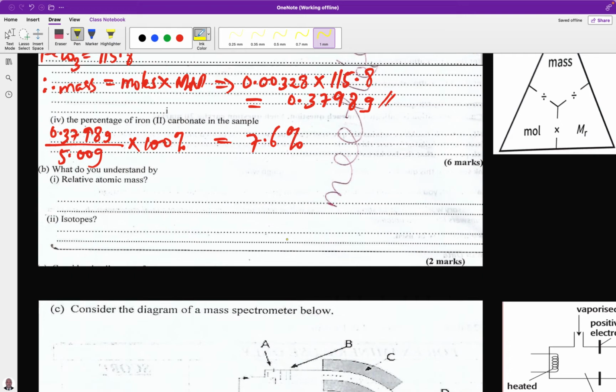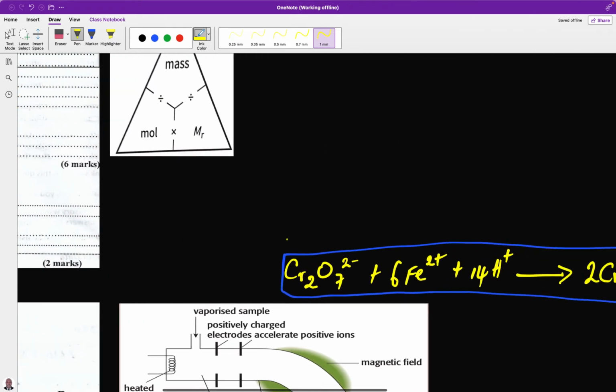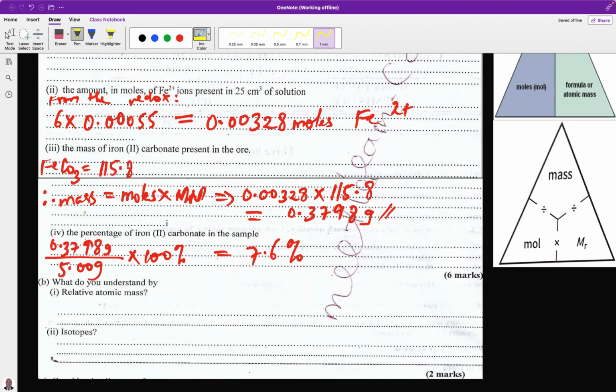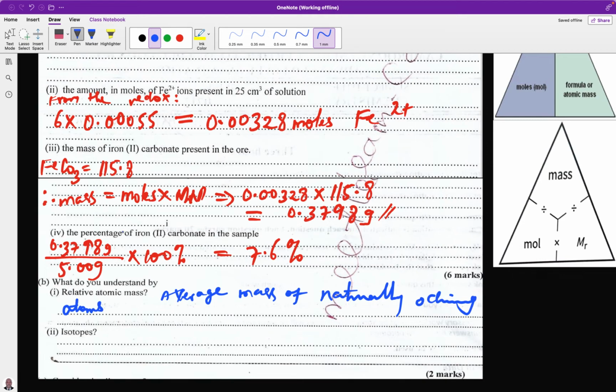Relative atomic mass, this is the average mass of naturally occurring atoms of an element.